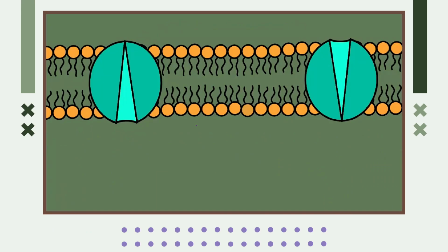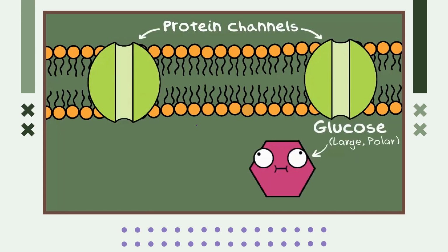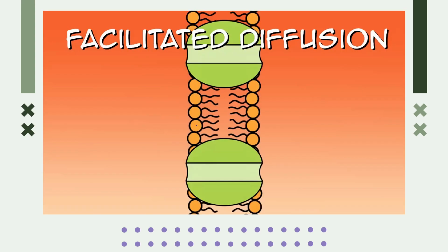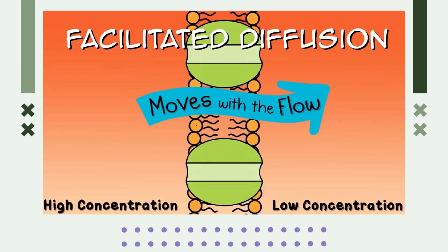All of these are good things because they help with molecules that may be too big to cross the membrane on their own, or molecules that are polar and therefore need the help of a transport protein. This is known as facilitated diffusion. It's still diffusion, and it still moves with the concentration gradient of high to low.